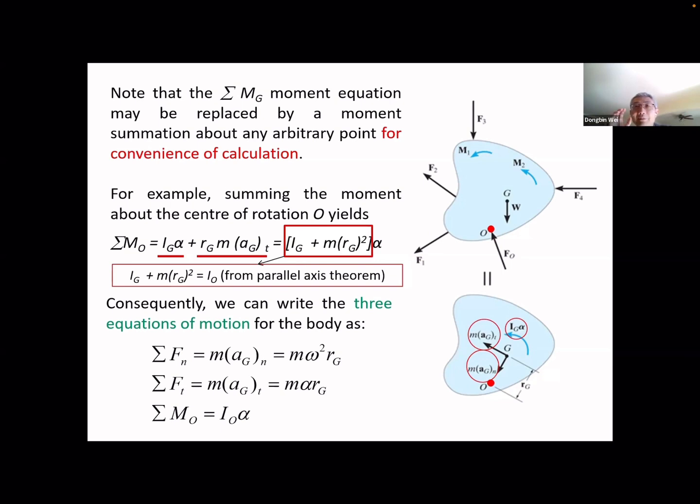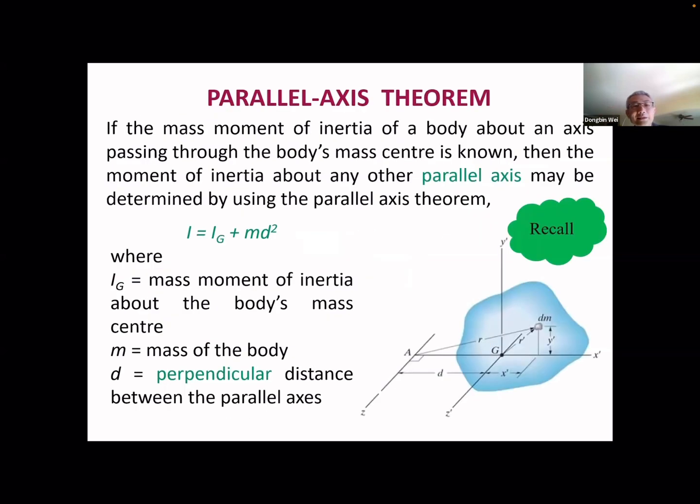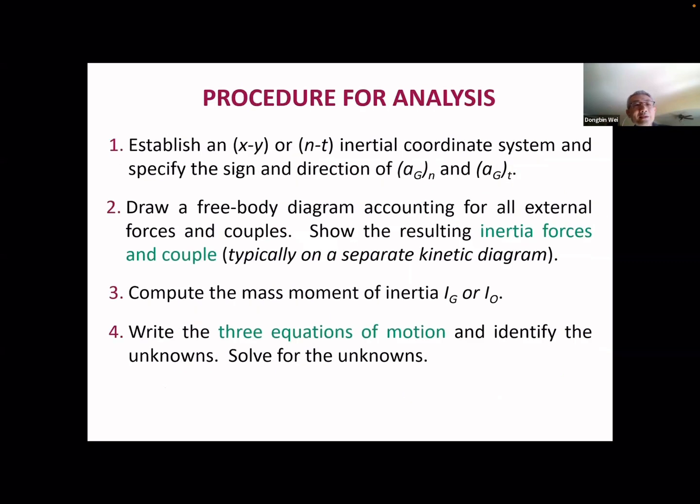IO is the mass moment of inertia of this rigid body about the rotation center point O. So those are the equations we can use for solving a problem of rotation about a fixed axis. That's the parallel axis theorem. I put this slide here just in case you have already forgotten it.